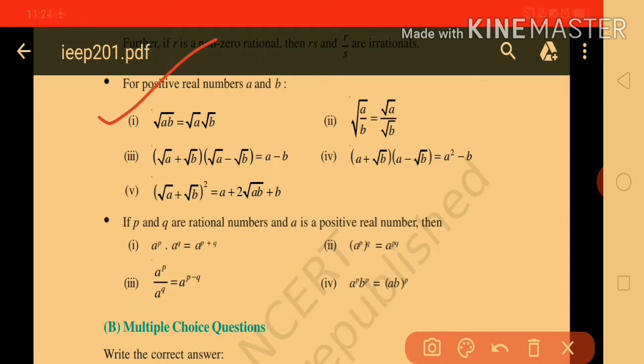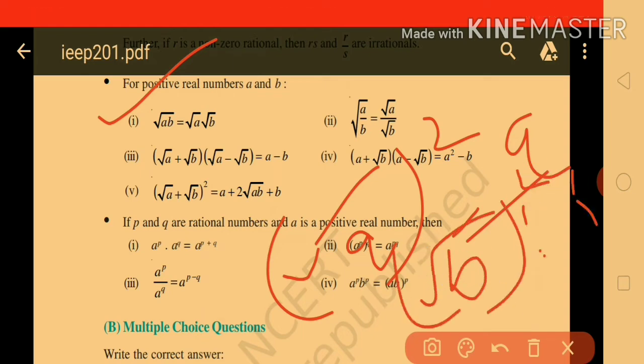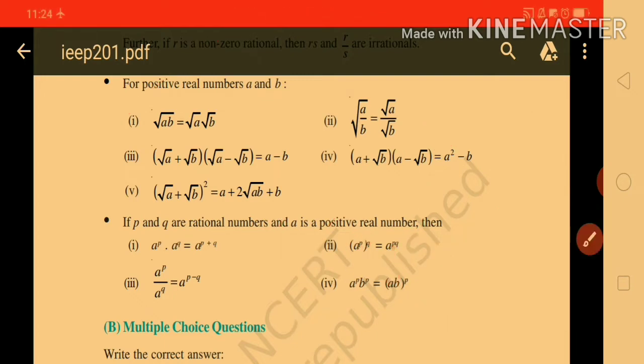Now root a plus root b into root a minus root b, this is of the form a plus b into a minus b, that is equal to a square minus b square. Root a square is a itself, and root b square is b itself. So you can write a minus b, right?